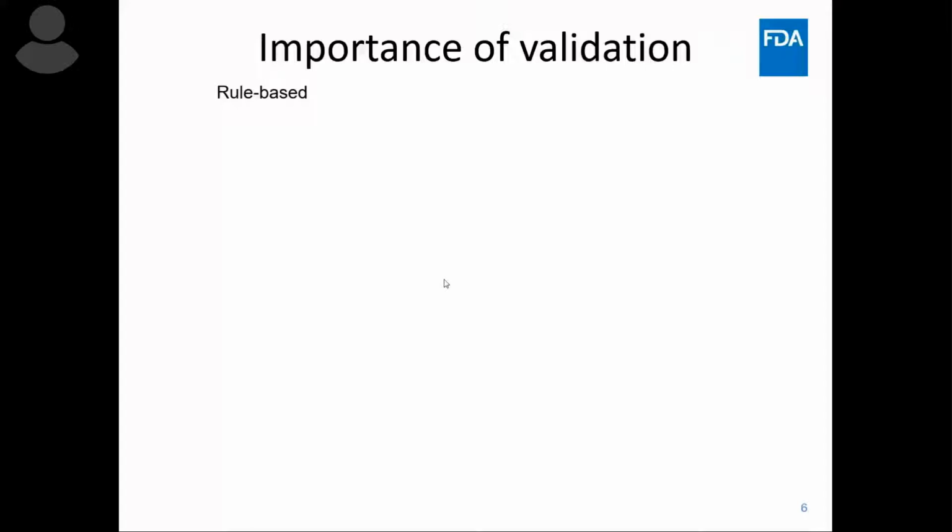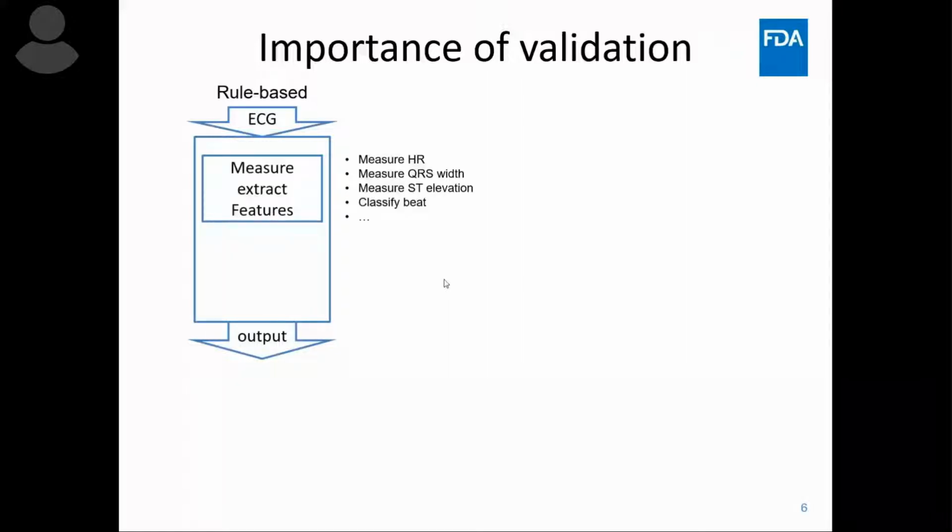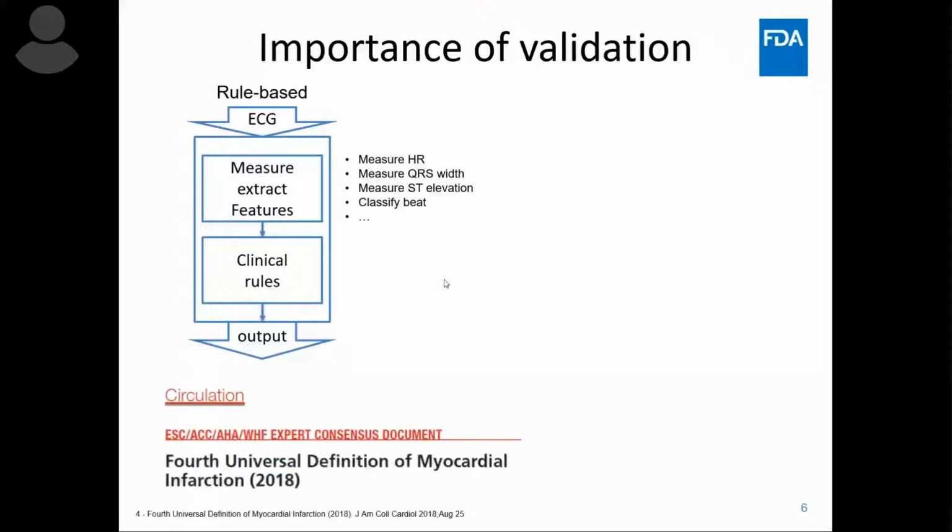Let's see why. Say that you have a rule-based algorithm, which is usually done by having some features extracted, like you measure heart rate, QRS, classify beats, and so forth. Then you have a set of clinical rules. For example, you open the fourth universal definition of myocardial infarction.